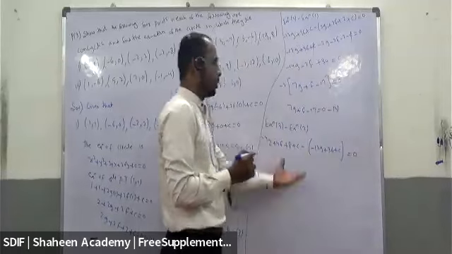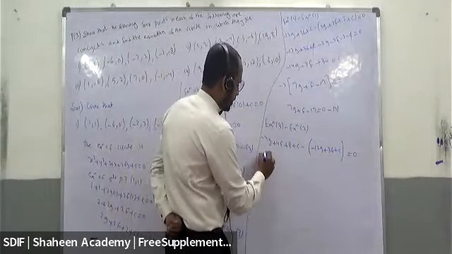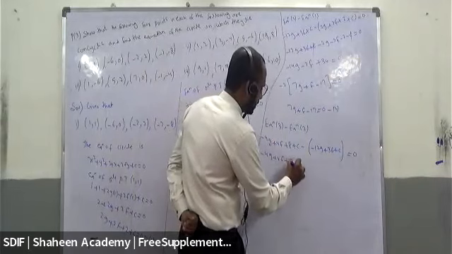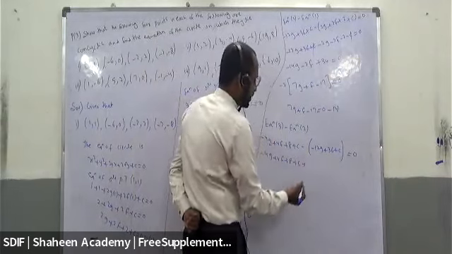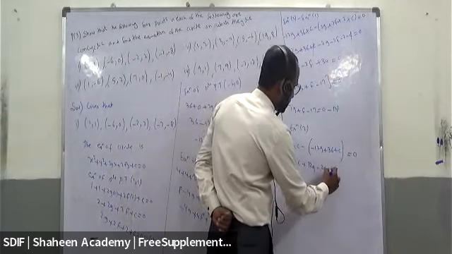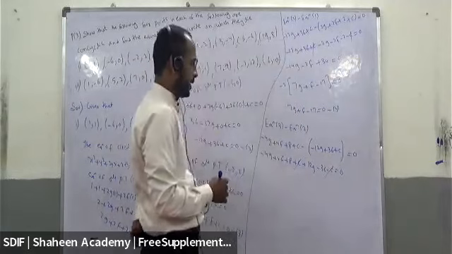Okay. Now simplifying it, what are we getting? See the result. Minus 4g plus 4f plus 8 plus c, minus into minus, plus 12g minus 36 minus c is equal to 0. Minus c and plus c get cancelled.